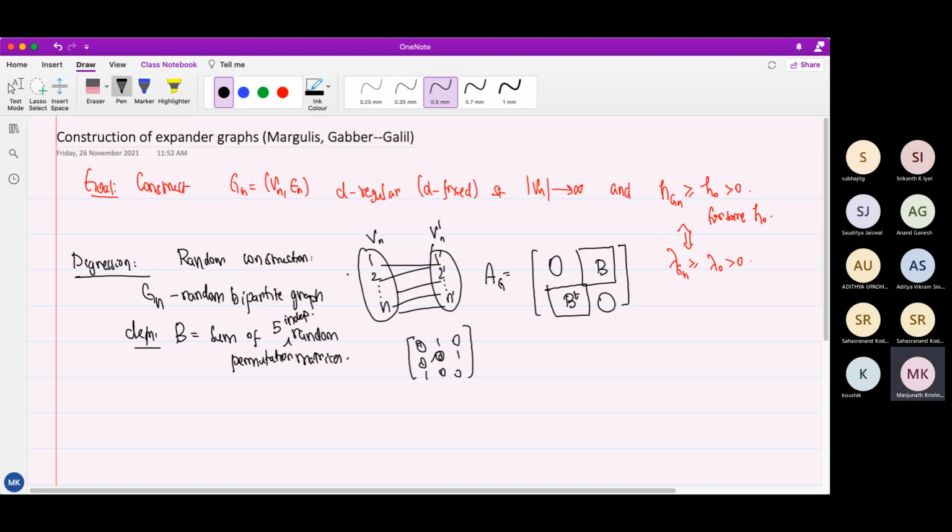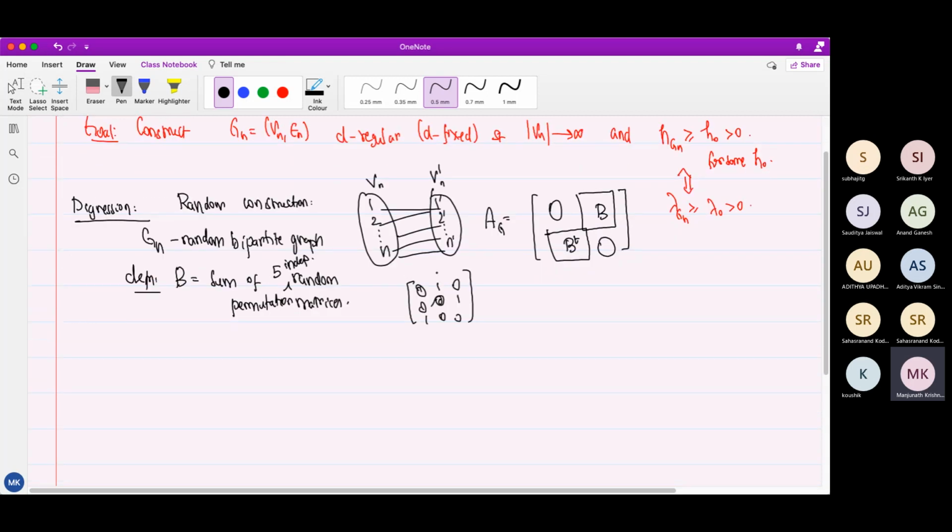In other words, each permutation tells you how to put one set of edges. If you give me a permutation, I connect 1 to pi(1), 2 to pi(2), 3 to pi(3), and n to pi(n) on the other side. Now you do it 5 times, so each vertex on the left side will have 5 edges coming out. This can lead to multiple edges, but it's okay. There won't be too many multiple edges, so we accept that.